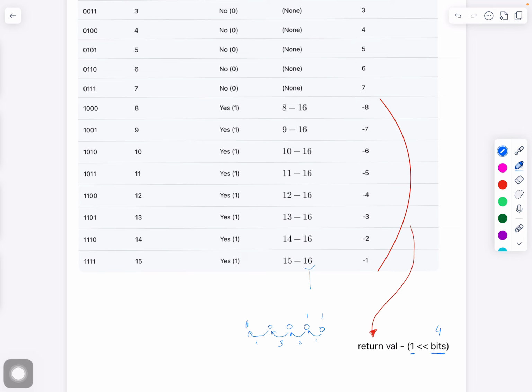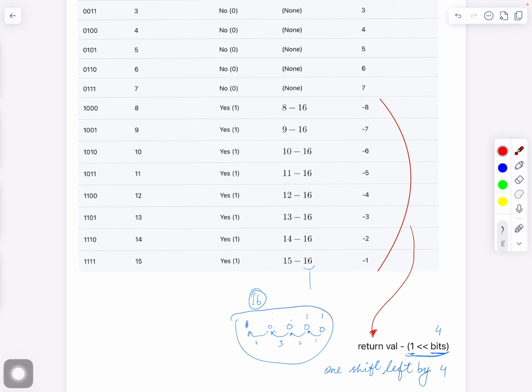So 1 shift left by 4. That's what this whole thing does. Then it becomes 16. Python will look at it as 16, right? Because 1, 2, 4, 8, 16, positive. So all you do is take the actual number value, which is val, and minus this one.